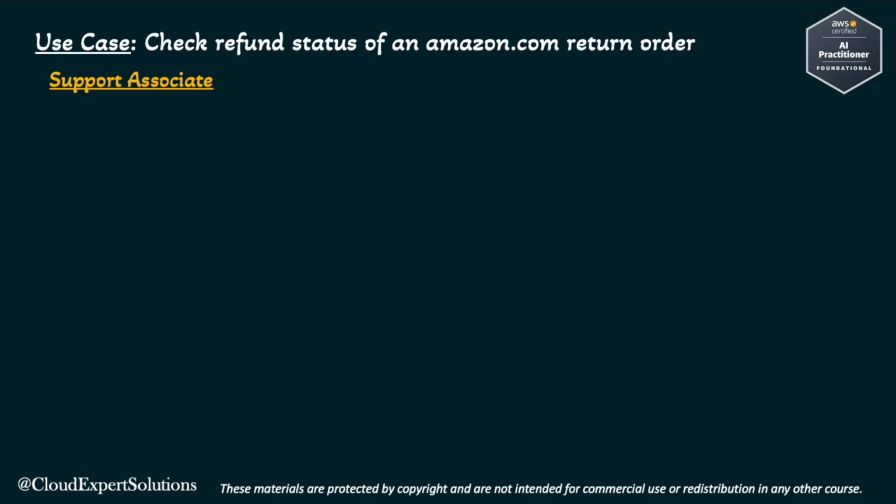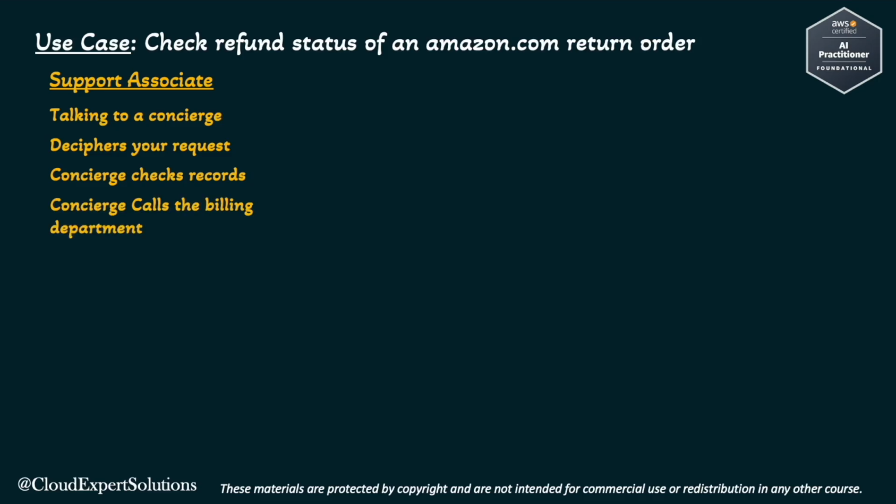First you explain the problem. Then the support associate deciphers your request and checks the return policy of the item. Then he or she will keep you on hold to call the billing department or check systems for records. Then the support concierge will update you about the refund status.